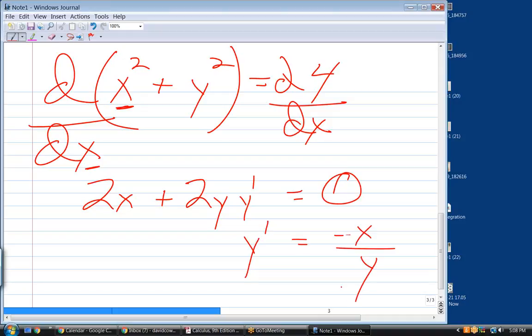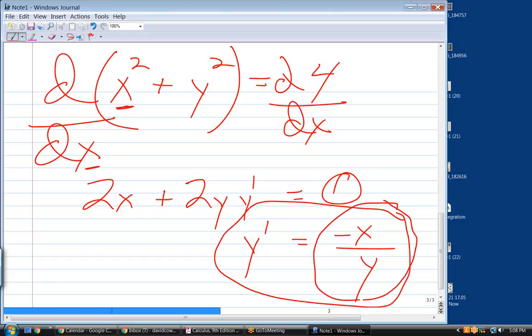Now, here's one of the major differences between explicit and implicit differentiation. When you explicitly differentiate something, you almost always end up with a function of x. When you implicitly differentiate something, you usually end up with a function of x and y. So if you want to find the slope at a given point, you need the x and the y coordinate.